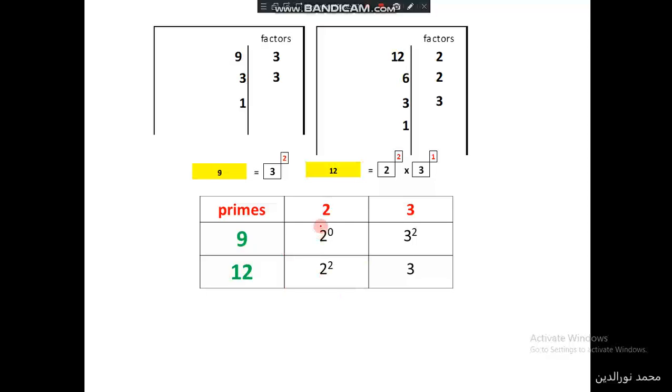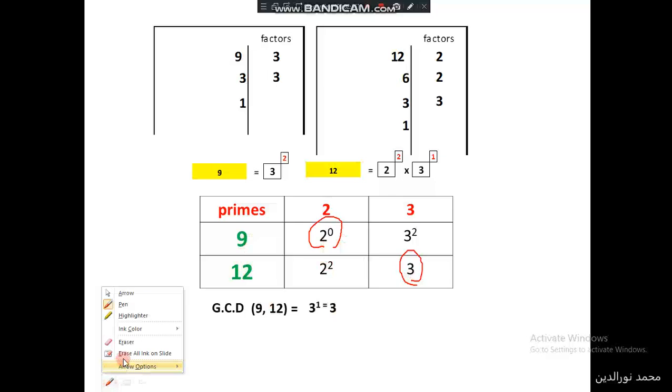As we said before, to find the GCD we take the smallest power. So we take 2 power 0 and 3 power 1. So the GCD of 9 and 12 is 2 power 0 times 3. 2 power 0 is 1, 1 times 3 is 3.